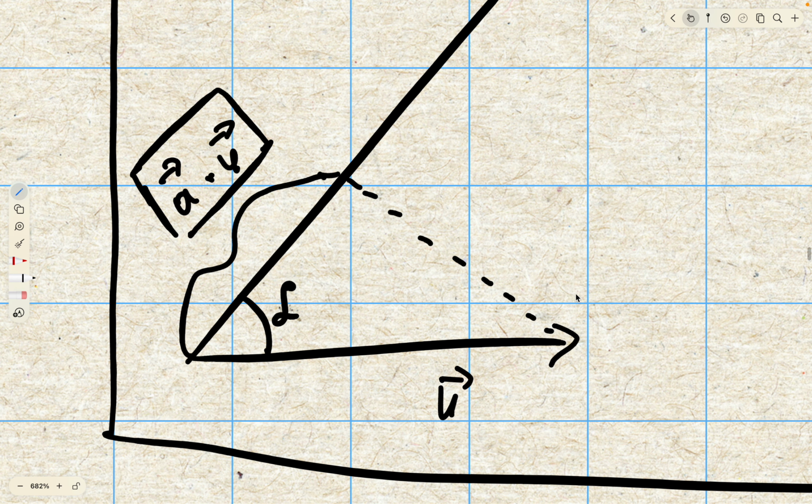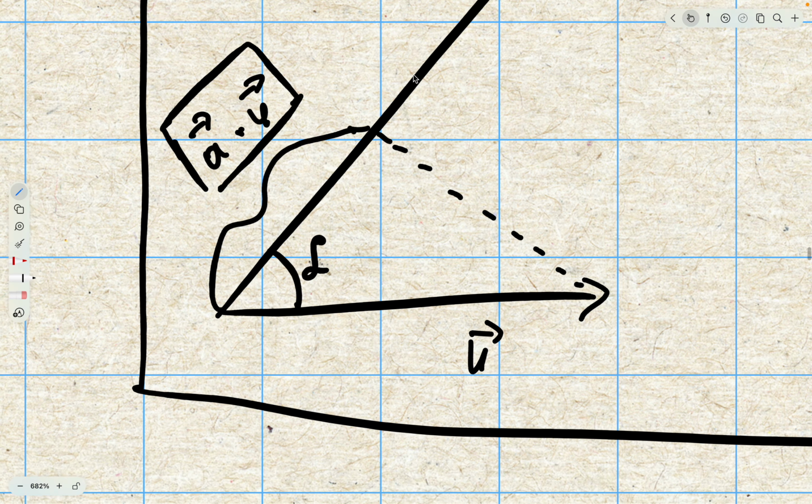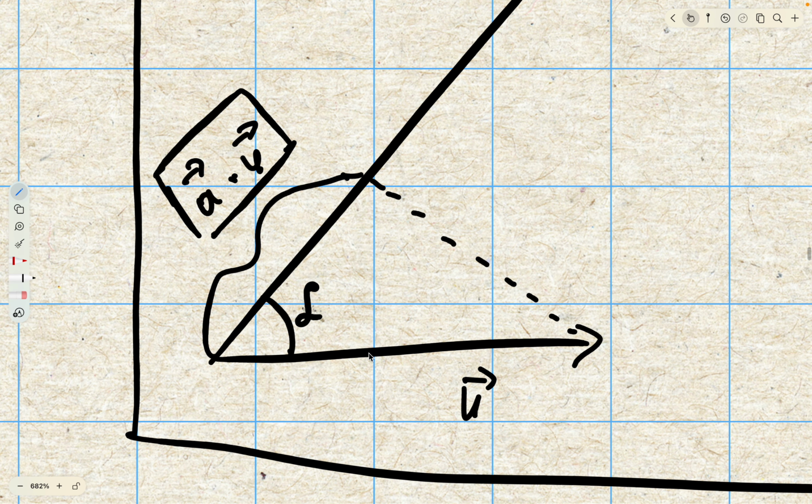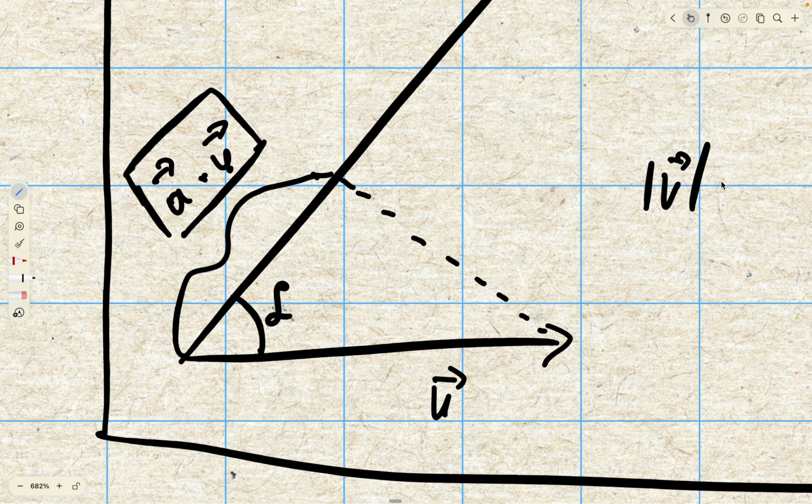For example, we are only interested in the vectors which have length 1, because we are not interested in the length, we are interested in the direction of the vector. So whatever the vector v is, its length should be 1.